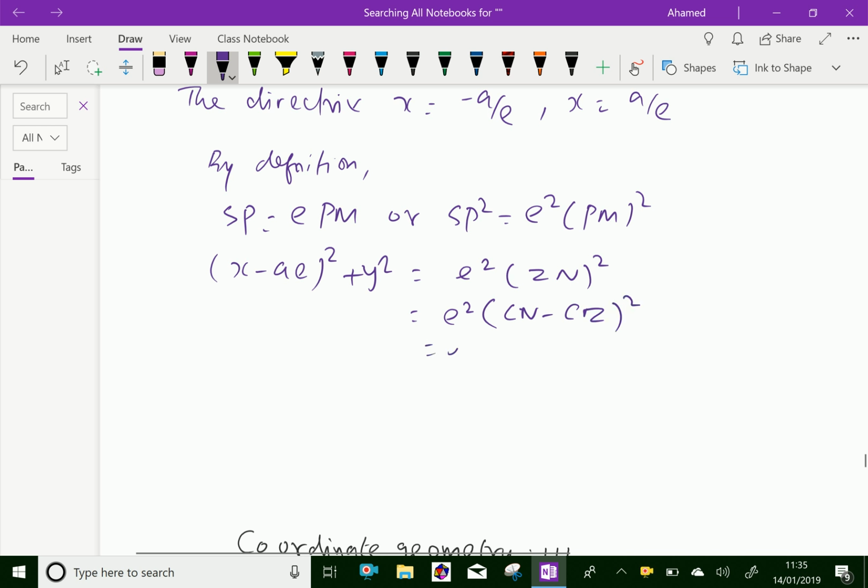Further it is equal to e square times x minus a over e the whole square.